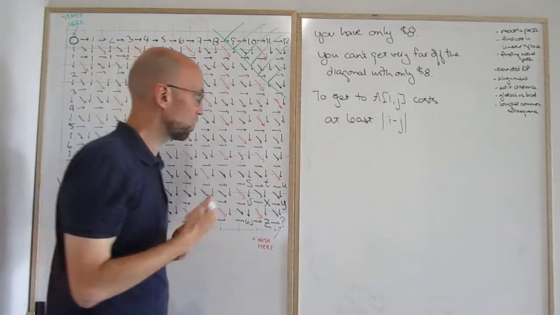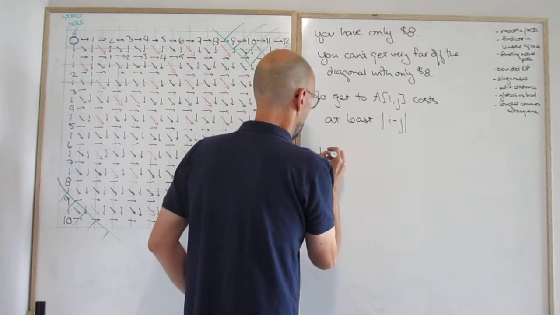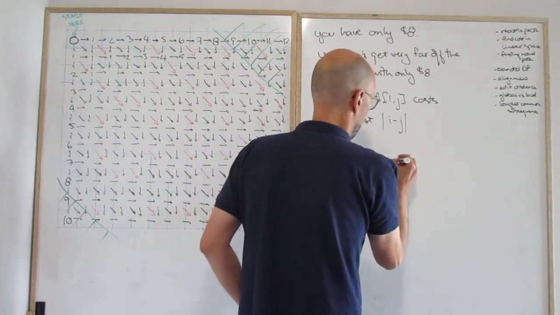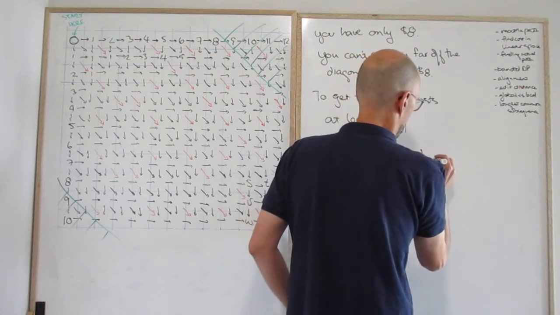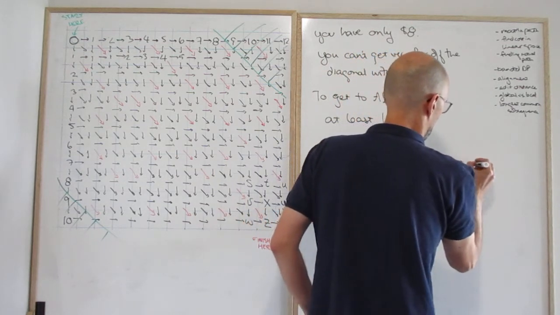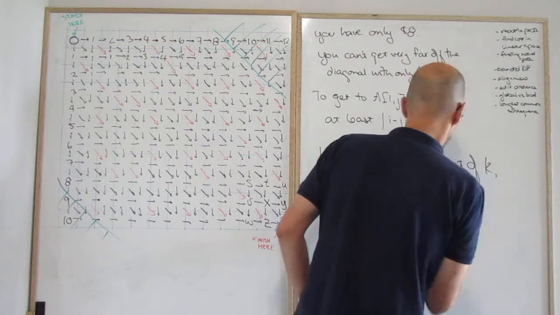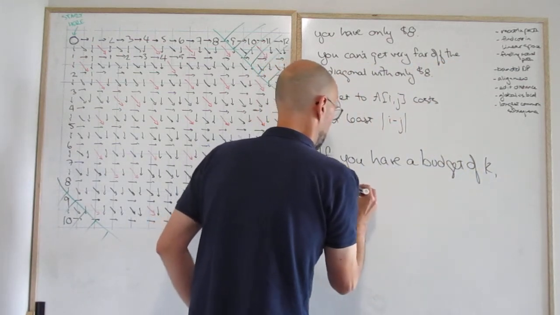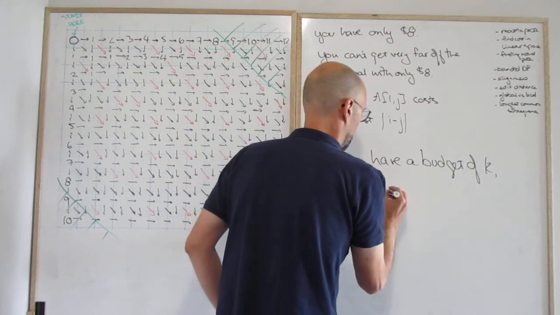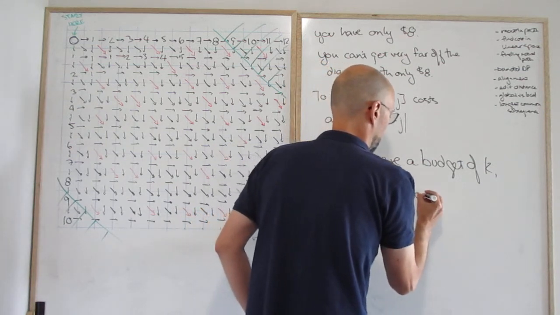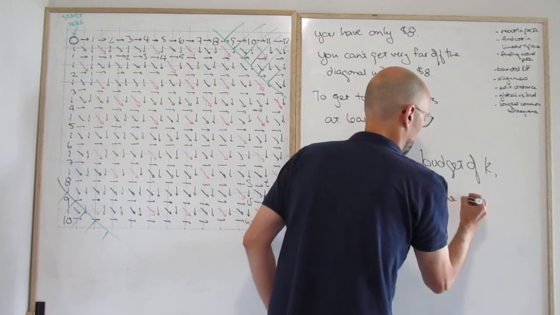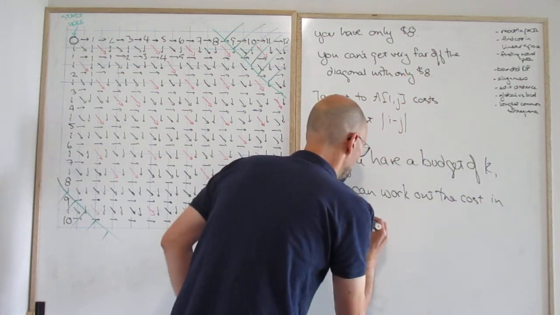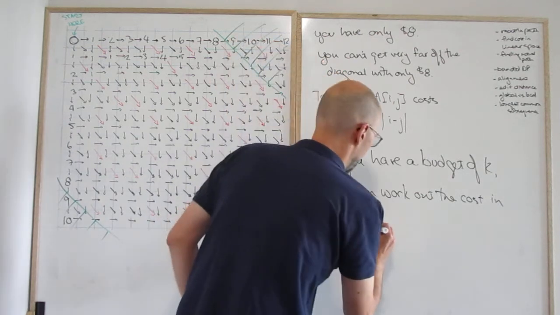So if you have a budget of K, you can work out the cost in O(NK) time.